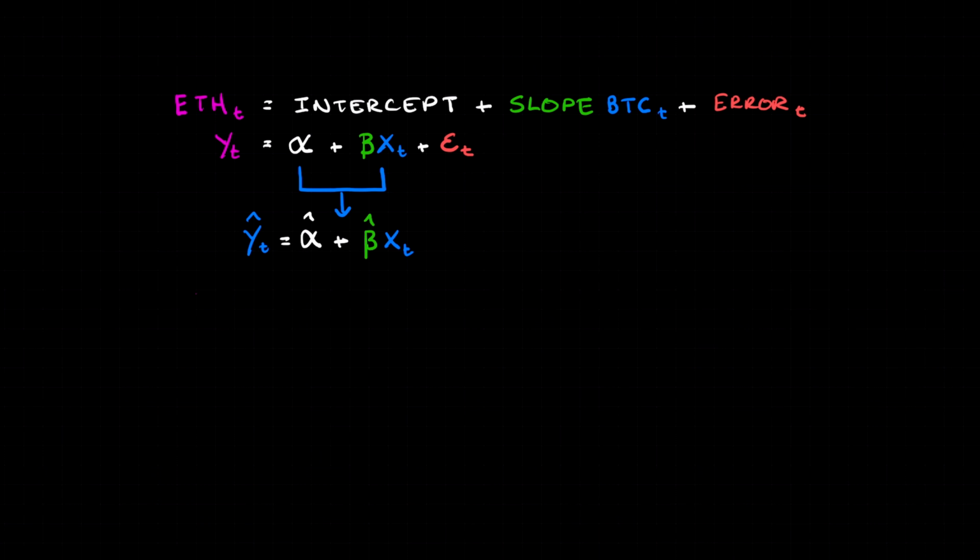And this could be written as y as of time t, could be written as y hat as of time t, plus our error term as of time t. And we could rewrite this to explain what the error term is, which is just going to be the actual versus the predicted value.